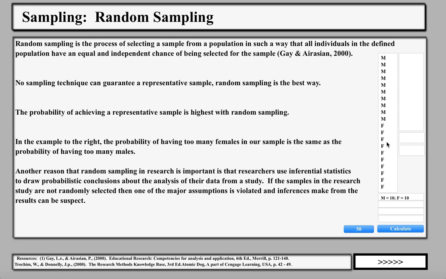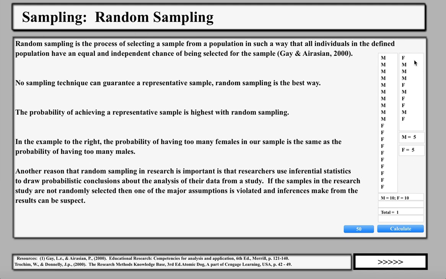That's very representative because that's 50%, because we have 10 males and 10 females. If we got 6 and 4, that's not bad either. That's 40% representative. But if we get 1 male and 9 females, that's very, very poor. So let's run through one time here and see.